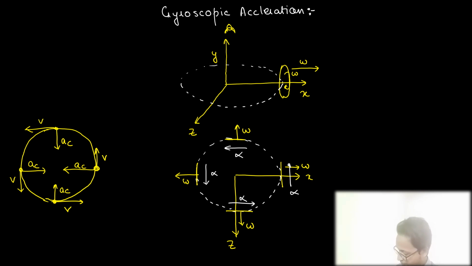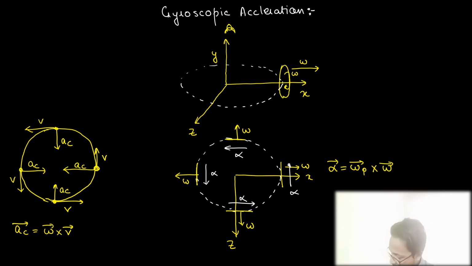So if I say the centripetal acceleration vector is given by omega cross v, out here the gyroscopic angular acceleration is given by omega p cross omega. Now what is this omega p?